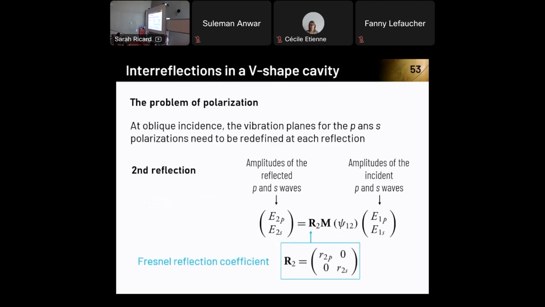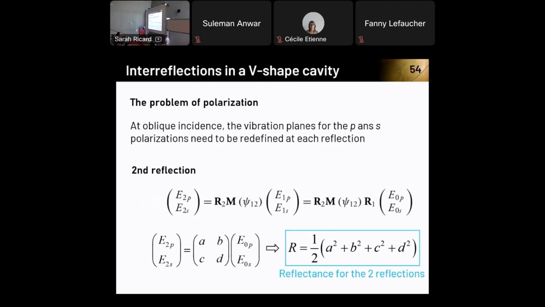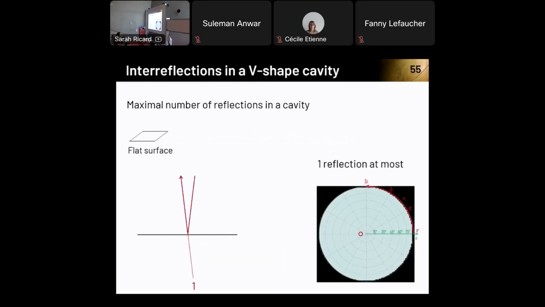So we introduce the rotation and we consider the second reflection and so on and so on. So if we have 5 reflections, we do reflection, rotation, reflection, rotation, and so on. This is just geometry, but we need to think in that because it can change many things in the final appearance of the curved surface. And in the end, we have the total reflectance with a formula like that.